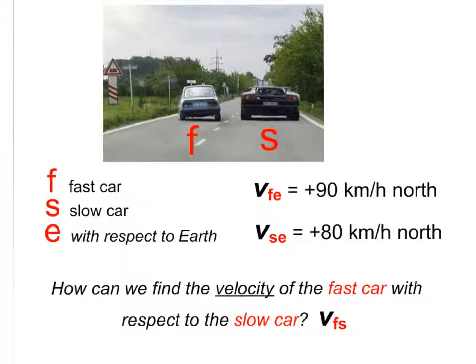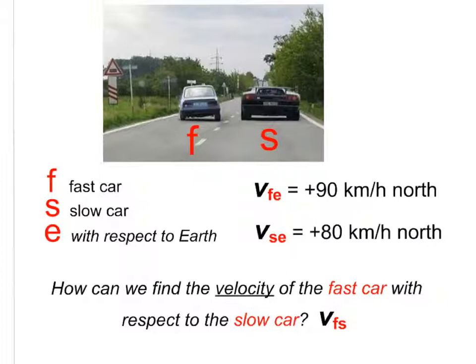Let's say the velocity of the fast car with respect to Earth is a positive 90 kilometers per hour. We're going to determine just arbitrarily that north is positive. So it's a positive 90 kilometers per hour north. Let's say the velocity of the slow car with respect to Earth is positive 80 kilometers per hour. So it's going north as well. We can know those things. Their speedometer tells us that as well.